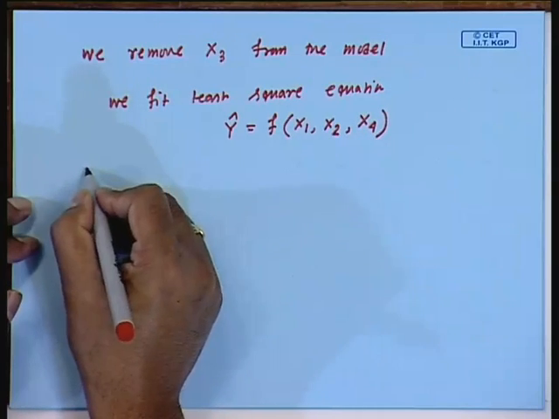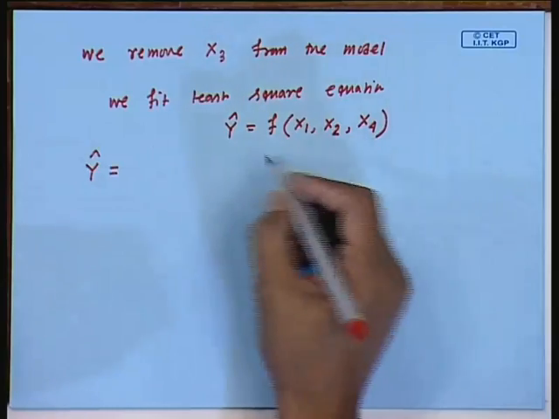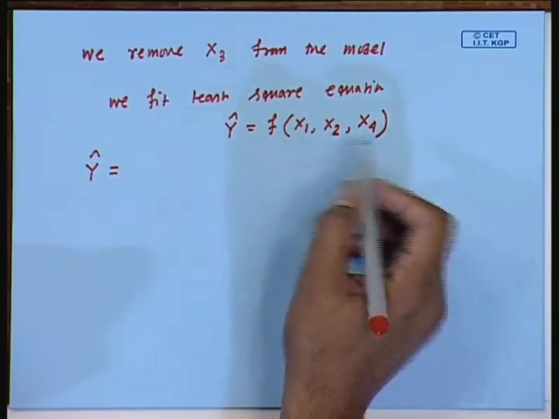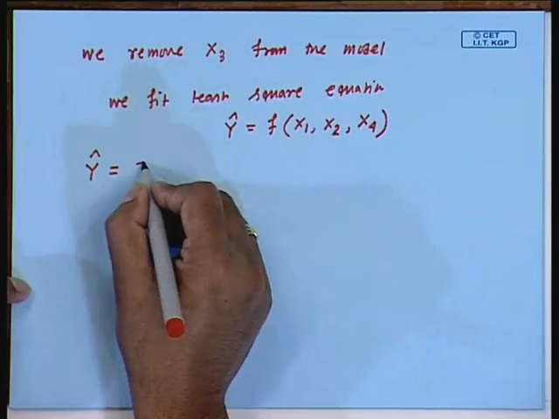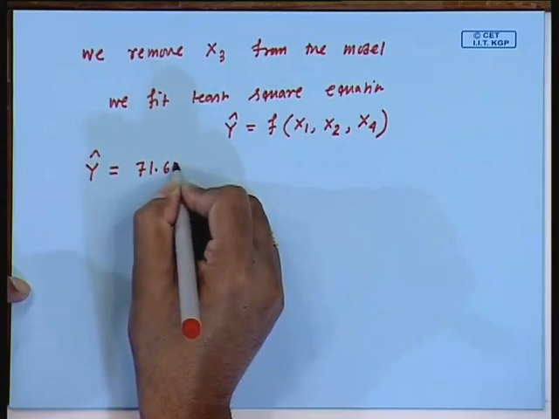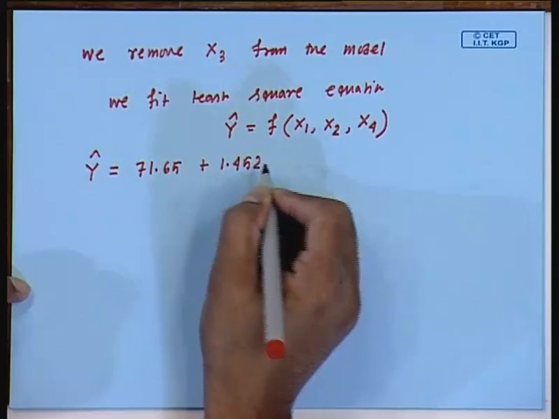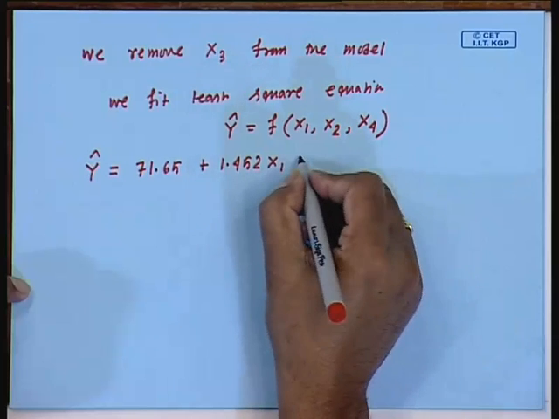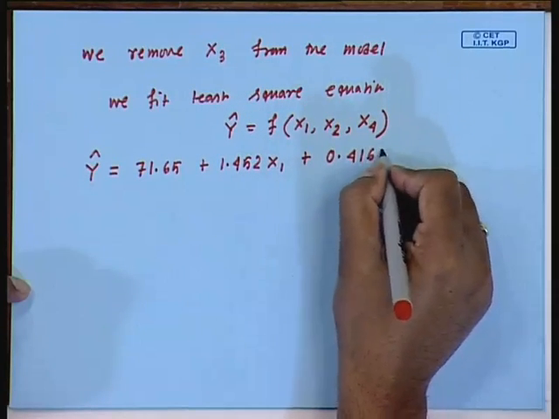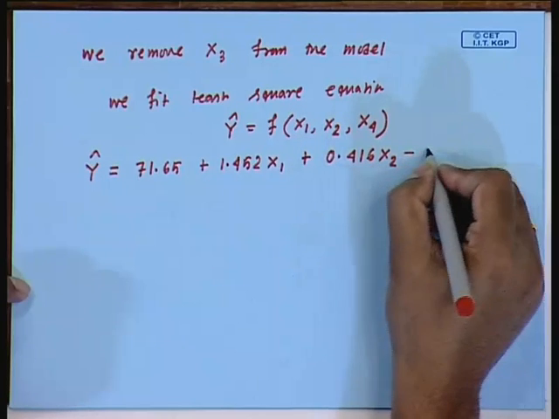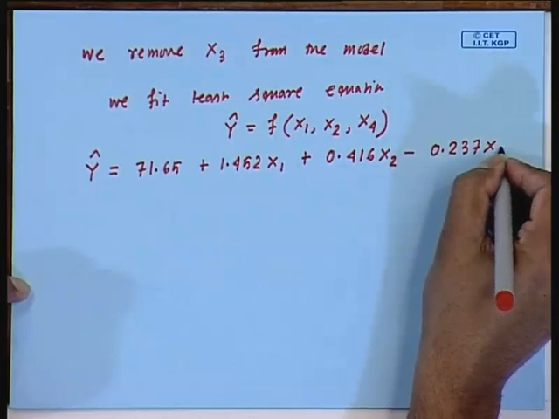You know how to fit multiple linear regression between y and x1, x2, x4, and the fitted model is y hat equal to 71.65 plus 1.452 x1 plus 0.416 x2 minus 0.237 x4.